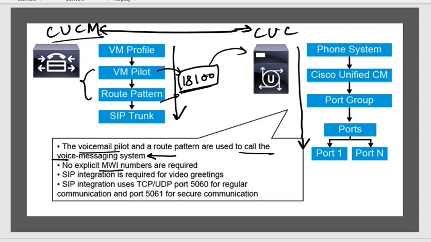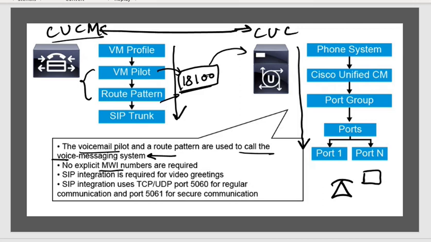MWI stands for message waiting indicator. So for the end devices to be able to see if any message is received, you have to enable message waiting indicator. But in case of SIP integration, you do not need to configure it on CUCM. Whereas when you do SCCP integration, you have to configure MWI numbers. So for message waiting also, let's say you have a phone here and it has received a voicemail.